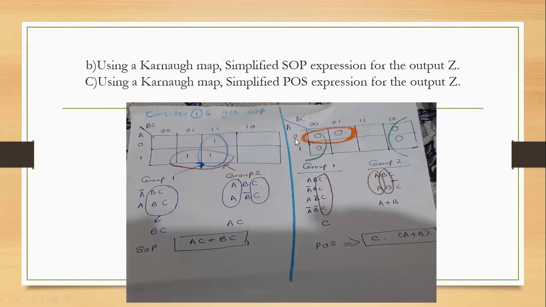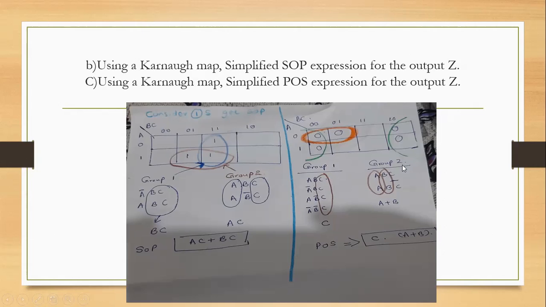Although there is a 0, we are writing A, B, C. That is A B C, and then A bar B C, A B bar C, and A bar B bar C. From group 1, we have to find the common. It is C.